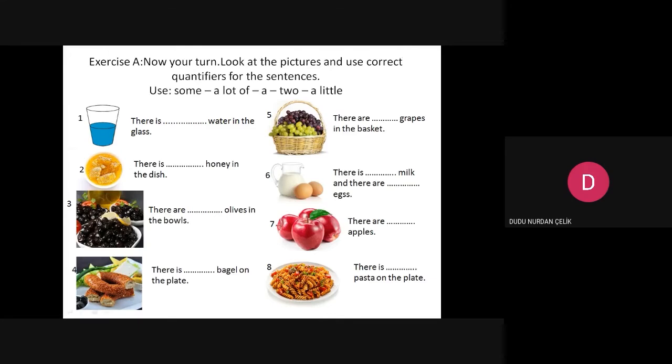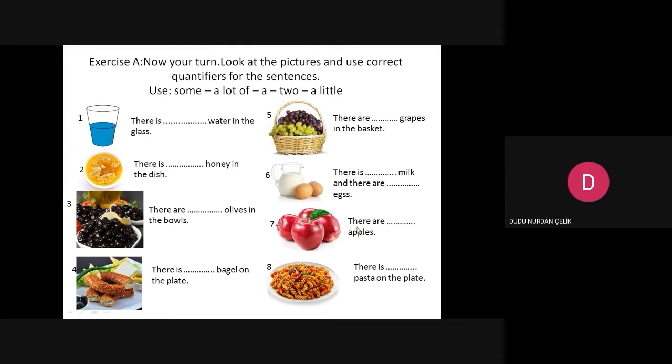Okay, look at the sixth one now. Yes, milk, eggs. Be careful. Uncountable, countable. Yes, there is a lot of milk and there are two eggs. Or maybe you said there is some milk and there are 2 eggs. Both are true. Here, 1, 2, 3, 4 apples.